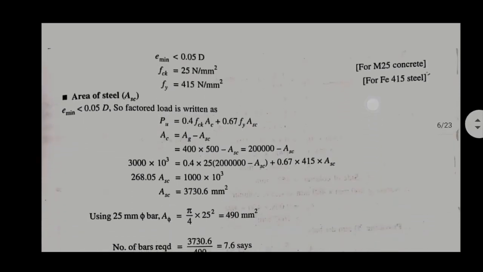Now e minimum is less than 0.05 D, which satisfies the consideration as per IS code. fck is 25 Newton per millimeter square for M25 concrete, and fy is 415 Newton per millimeter square for Fe 415 steel. Now we have to find out area of steel Asc.